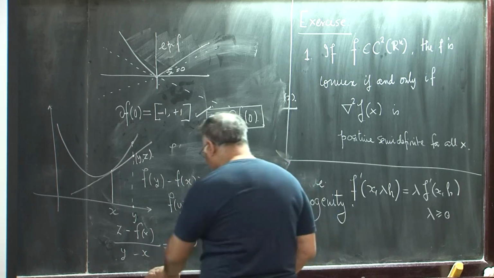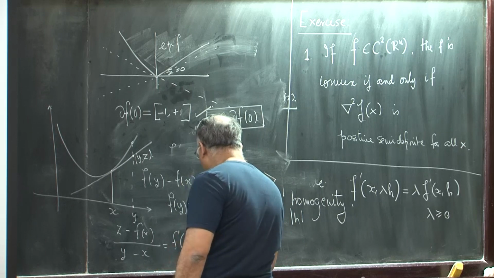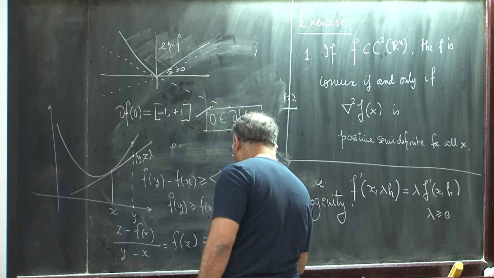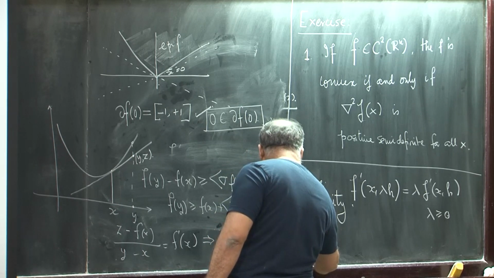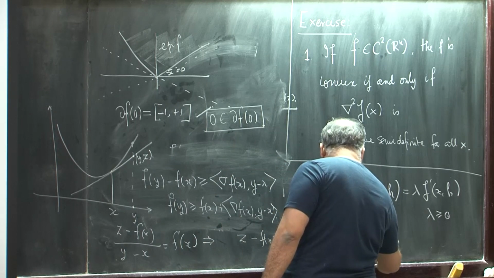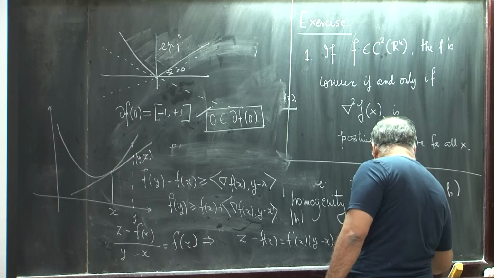So, what do I get from here? This would simply imply that z minus f x is equal to f dash x into y minus x, showing me that z is equal to f x plus f dash x into y minus x.